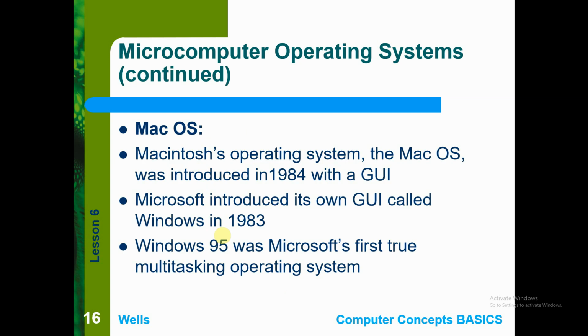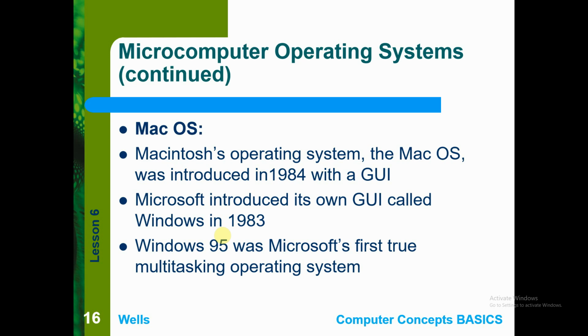So Mac OS naman, it was a different operating system sa aton nga Macintosh nga nag-develop sini. 1984 yun siya nag-originate. So nagwa siya first yun with may GUI na siya nga iya. But then Microsoft also introduced its own version sa Windows na 1993.